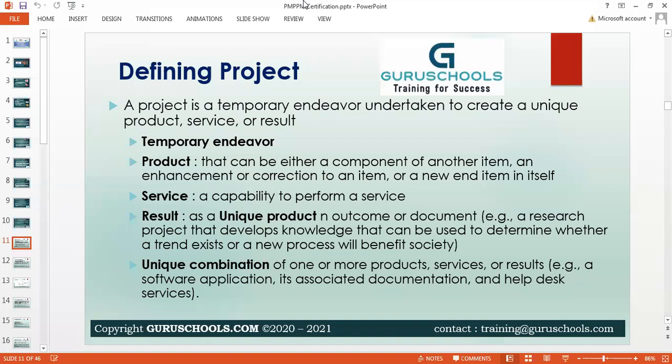You can't see the end in sight. But you have a certain time, that on so and so date you will complete this task. That is called a project.